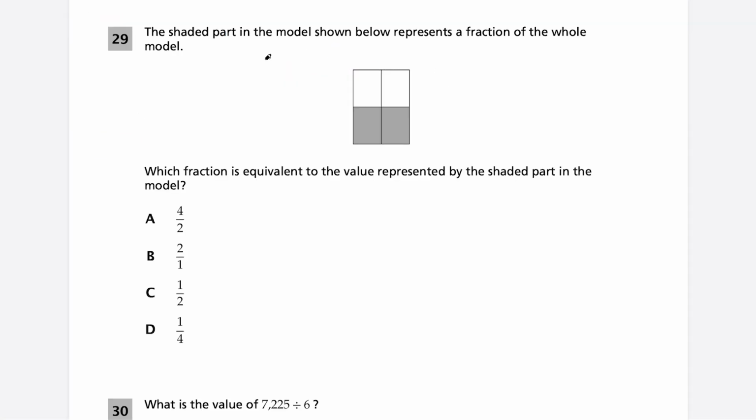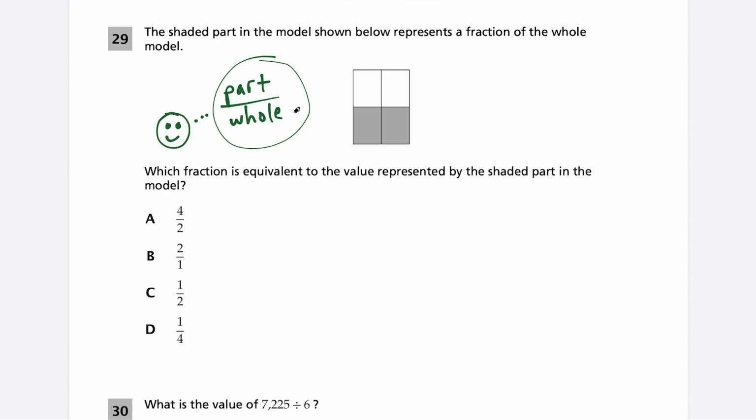Question 29, the shaded part in the model shown below represents a fraction of the whole model. Which fraction is equivalent to the value represented by the shaded part in the model? Now, with fractions, it helps to think of fractions as part over whole. The numerator we call the part, the denominator we call the whole.